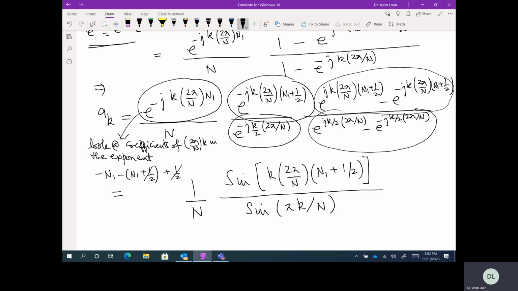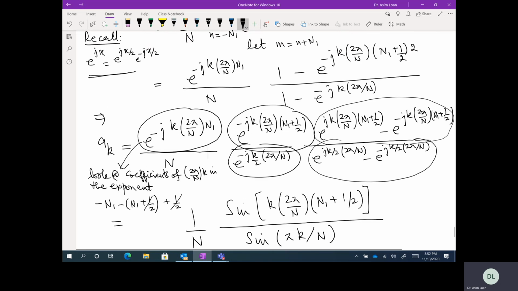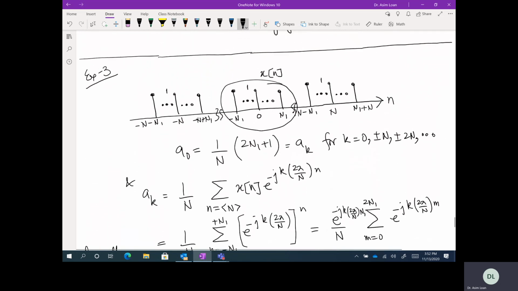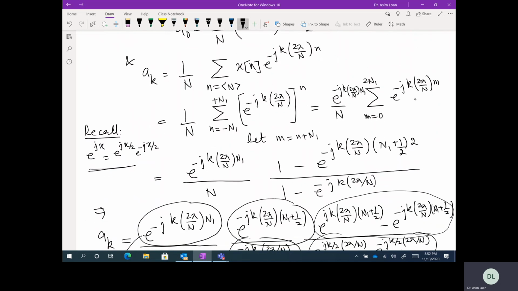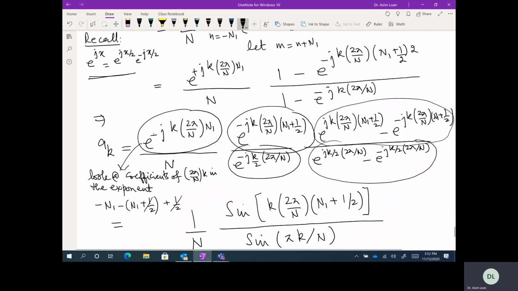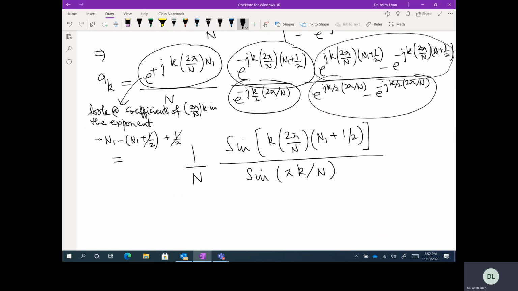Actually, I'm sorry, this should be a plus, not a minus. When I do m equal to n plus n1, so when n is m minus n1, this is a plus here. So plus and minus n1 cancel, and then minus half plus half cancel.